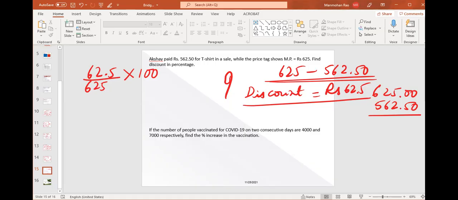Yes or no? 62.5 multiplied by 100 is how much? 6250. 6250 divided by 625. Is it 10?